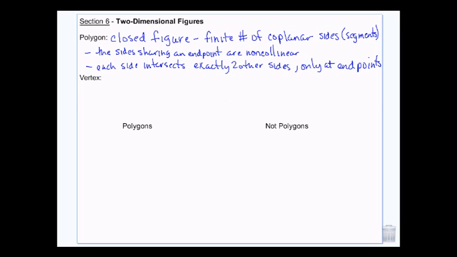Okay. Now that intersection is a vertex. And that's the intersection of the sides, and is the endpoint of the segments.